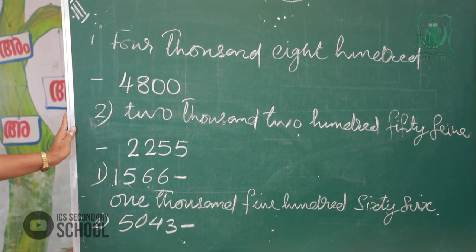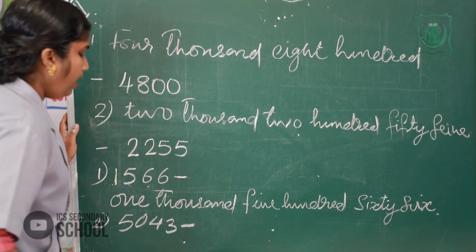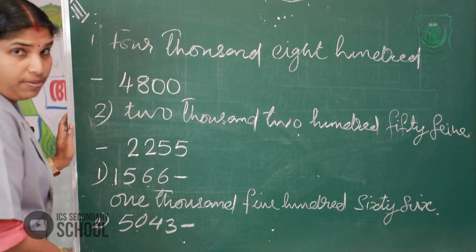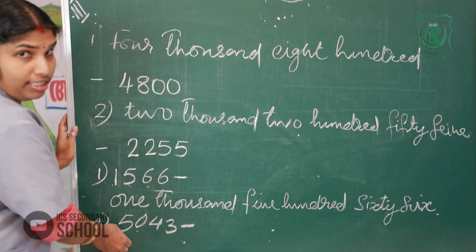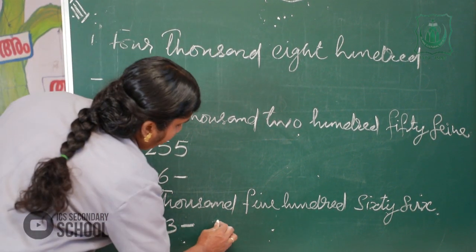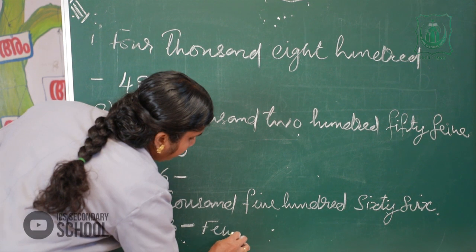Okay, 1 place, 10 place, 100 place and 1000 place. We get the 5 in the 1000 place, so we read as 5000.